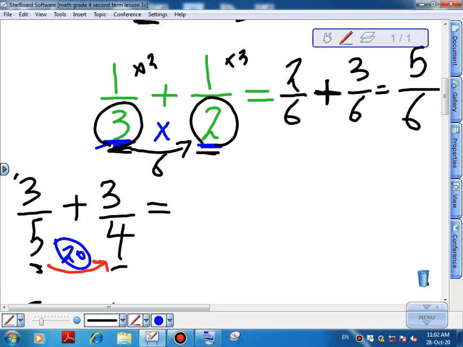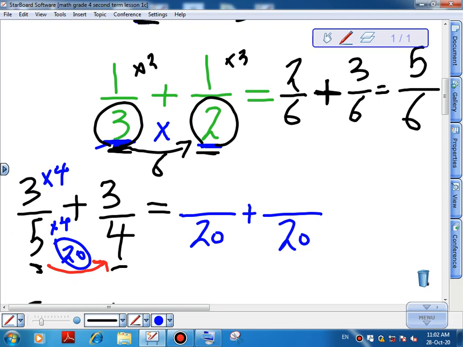So we need to change the denominator, 5 to be 20 and 4 to be 20. The first one 20, and the second one 20. Okay? 5 to be 20, we need to multiply by 4, and the numerator also multiplied by 4. 3 times 4 equals 12.